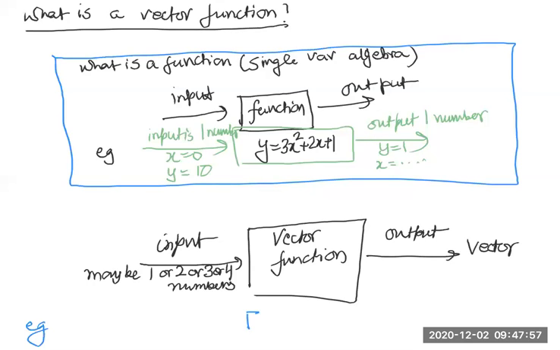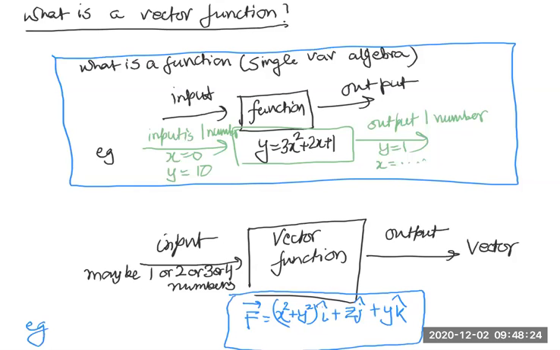The vector F is equal to x square plus y square i cap plus z j cap plus y k cap. This is a vector function. So in this case, the inputs are going to be x, y, and z.